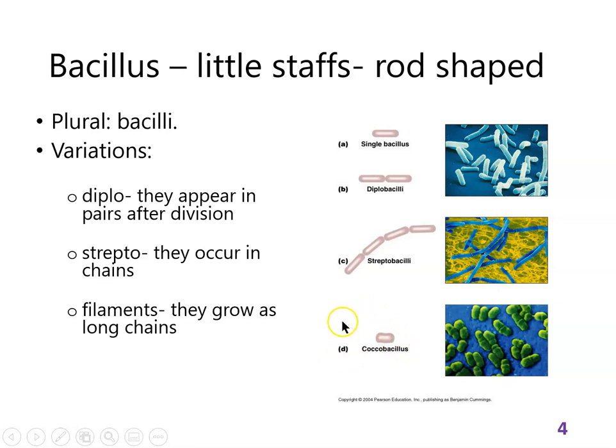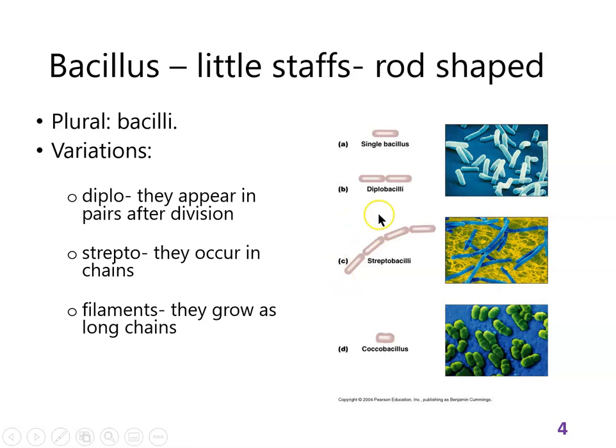They're all roughly between half a micrometer and 1 micrometer thick. But they could vary in their ratio of length to width. And sometimes that helps us identify them, as I'll get to later.